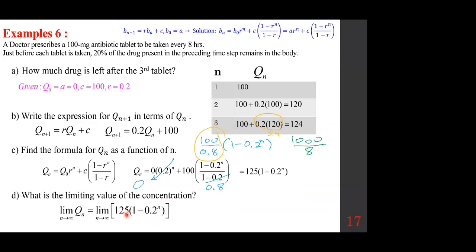The answer is 125. You go back, you see the units are milligrams, so you must write the units. So this limit ends up being 125 milligrams, which means no matter how many times you keep on giving 100 milligrams of medication to the patient, it will never ever go beyond 125 milligrams.